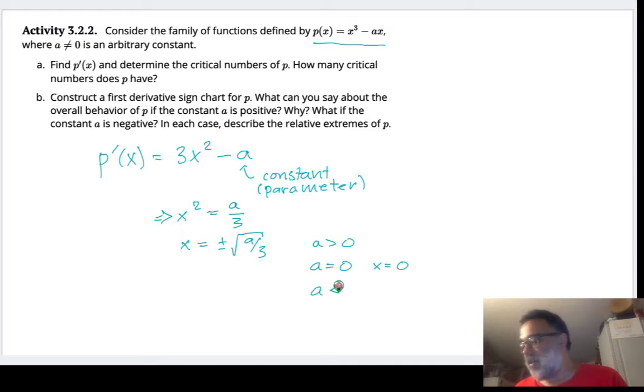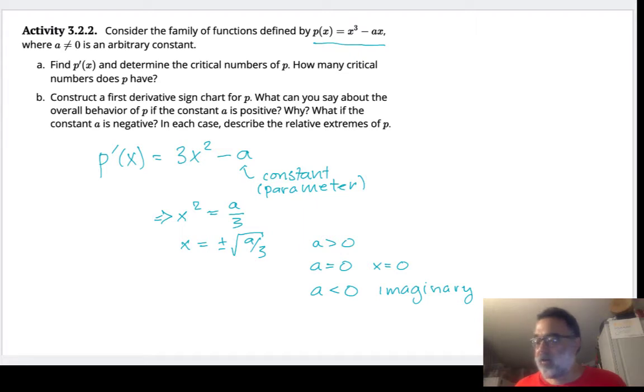If a is less than 0, we get imaginary values out, which means no critical points. And we're not going to dig into this too much, but it turns out there's still a meaning to that, right? Those are special values for the function, that if we did more math with complex numbers, we'd be finding that out.